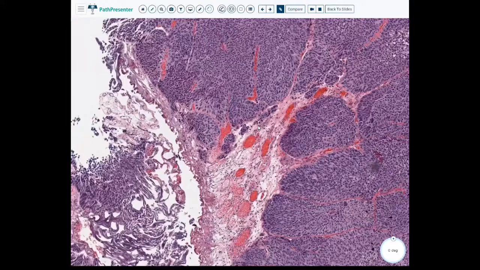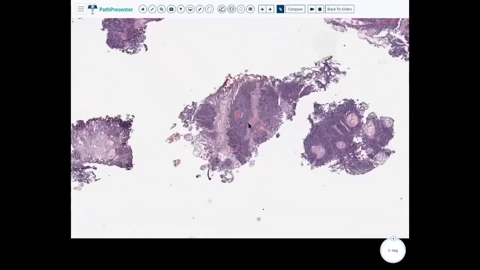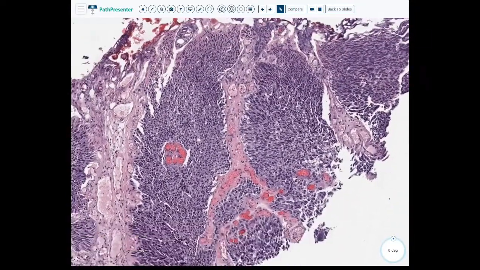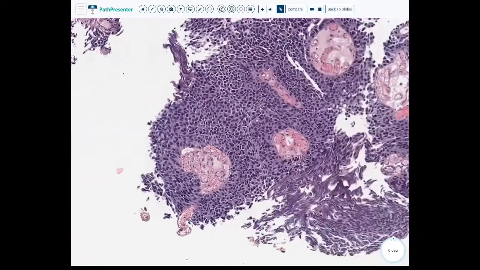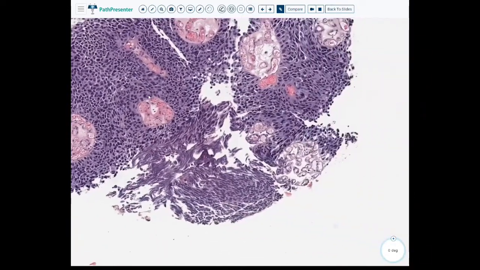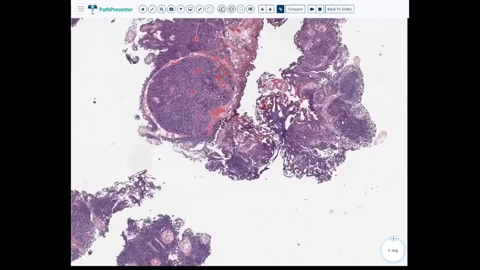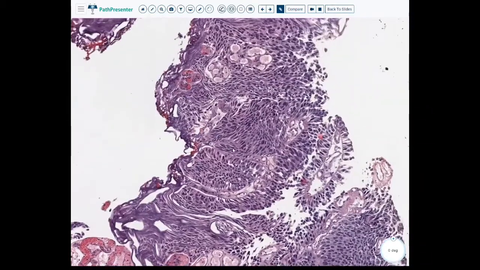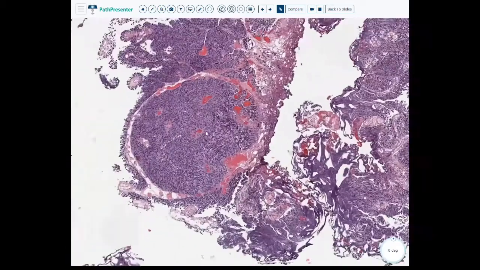Trying to decide if that's invasive or not, and trying to also determine if I have enough pleomorphism to go from low grade to high grade. This is hard because a lot of this is crushed and a lot of cautery.